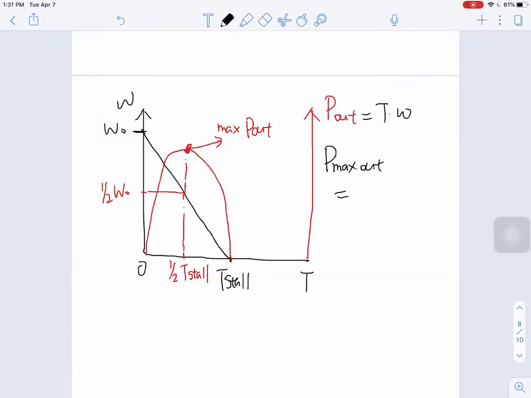At the maximum power output point, we have the corresponding omega divided by 2 and T stall divided by 2. So we're going to have 1/4 T stall times omega. So that's the maximum power output.